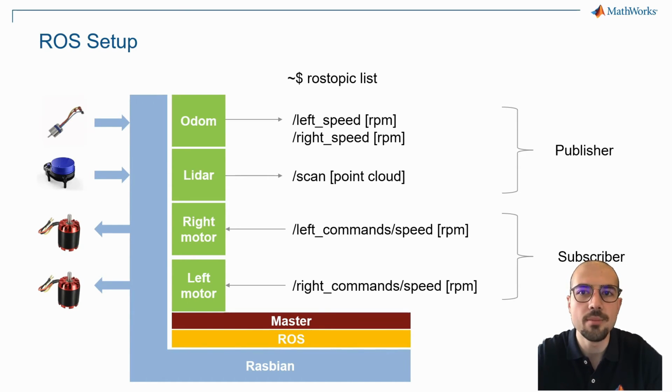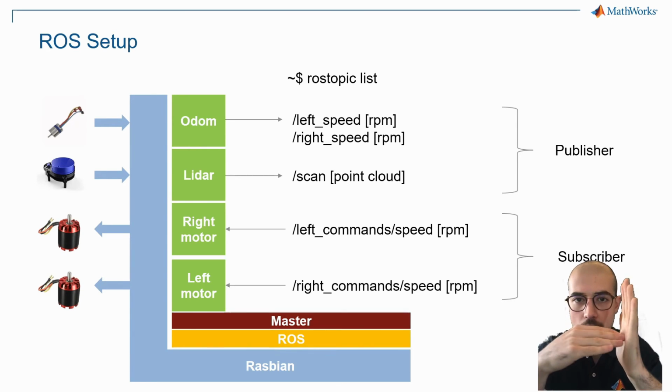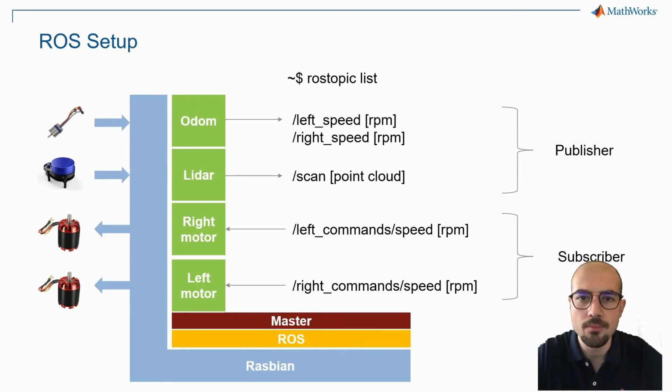Stacked on them, there's the master, so the head of the different nodes, and then we have the 4 nodes that are in charge of the communication. Okay, so starting from the left, we have the motor. The motor needs some commands, and these commands are provided by the hardware.